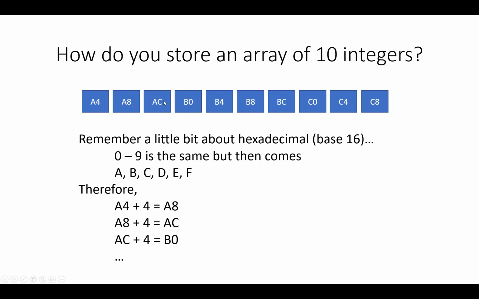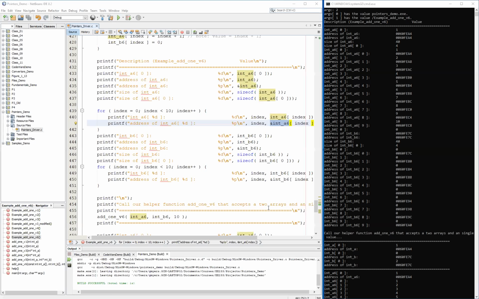So our A8 plus 4 is AC. And then when we add 4 to our AC, we're going to get B0 because C plus 4 is going to be 0.